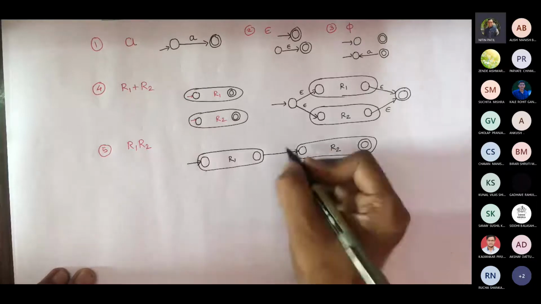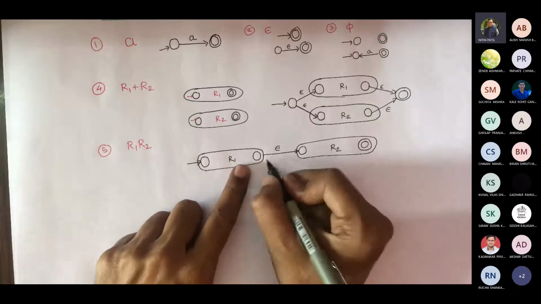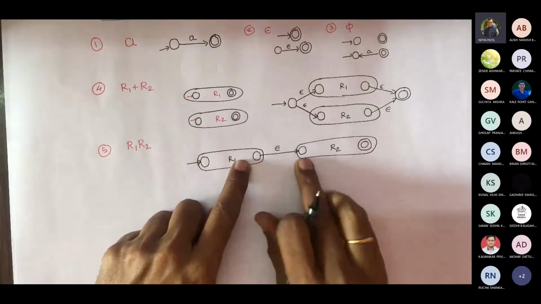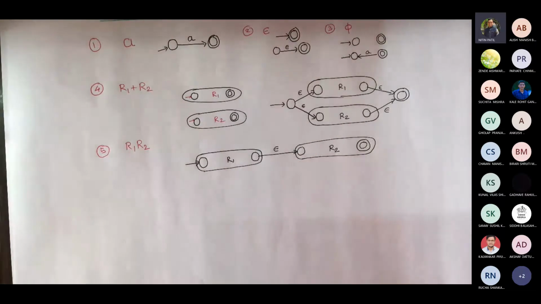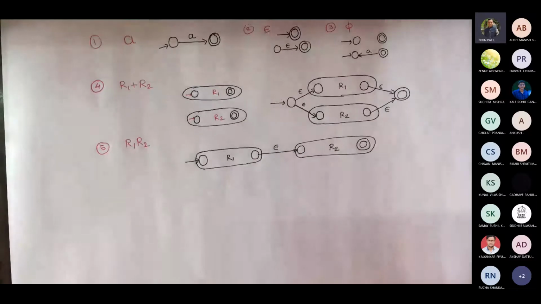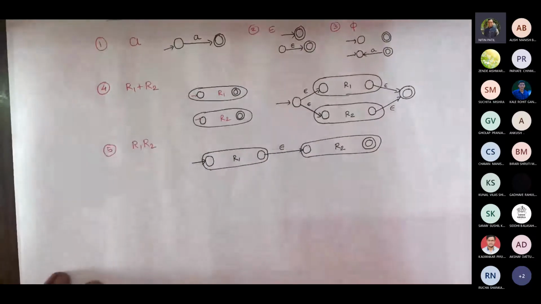What exactly we did here? We added only one transition from final of R1 to initial of R2 and done. This is R1 R2. Is that fine? While we replace R1 R2 by exact examples, then you will understand that very clearly and precisely.